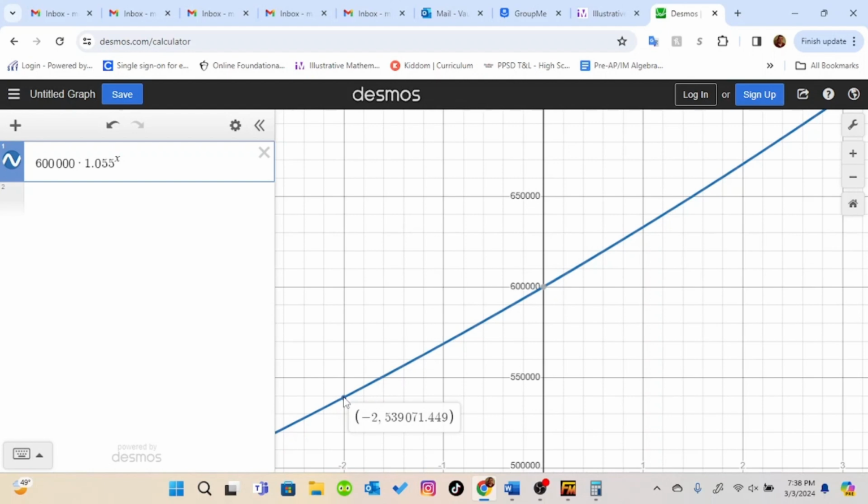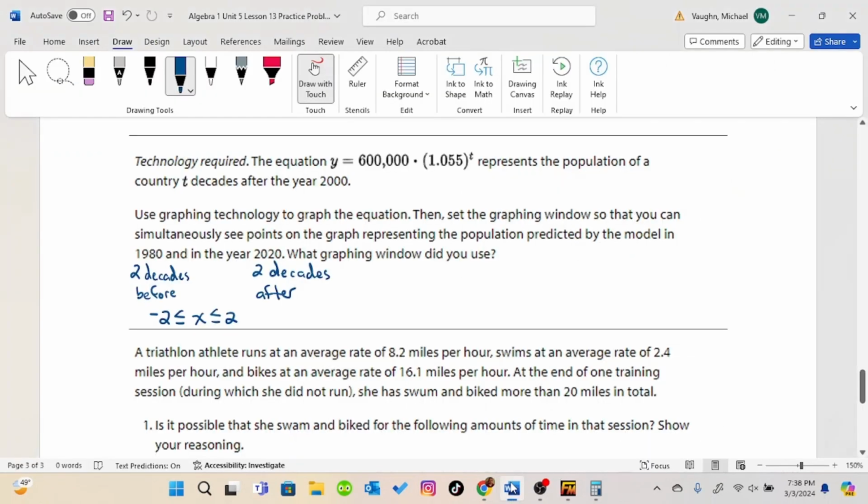So we could pick a bottom of 530,000. So we'll say 530,000 less than or equal to y less than or equal to.